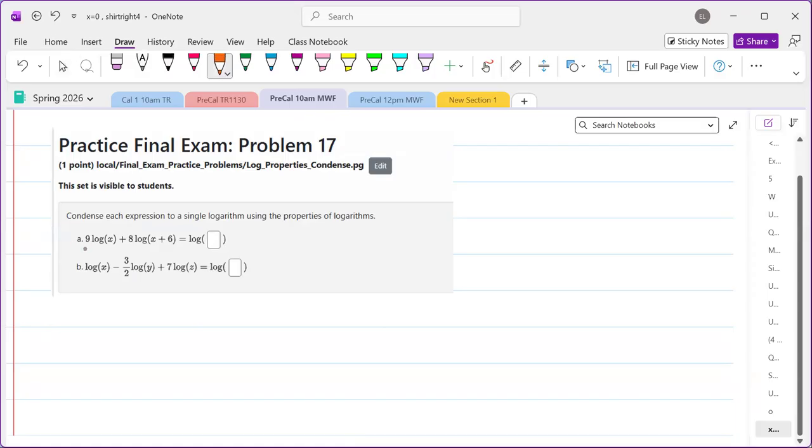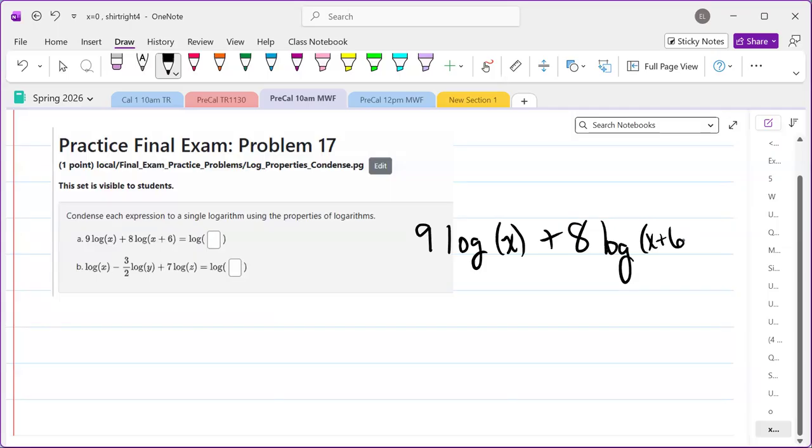So A here, I've just got two terms. 9 times the log of x plus 8 times the log of x plus 6.